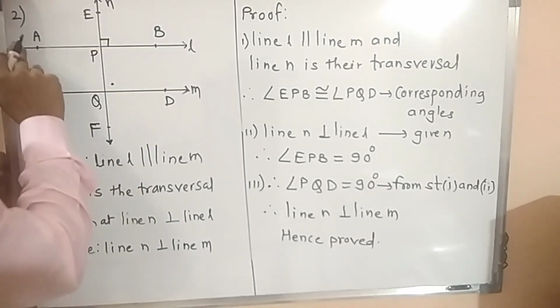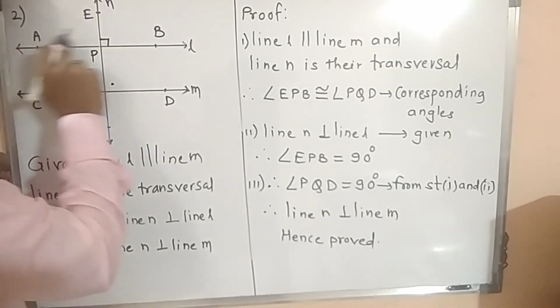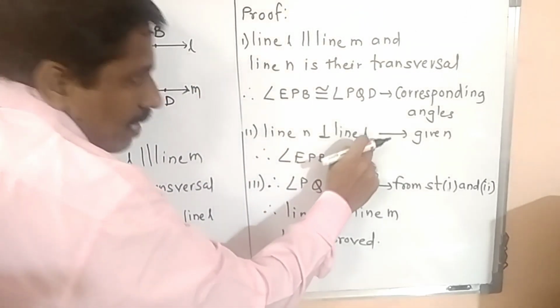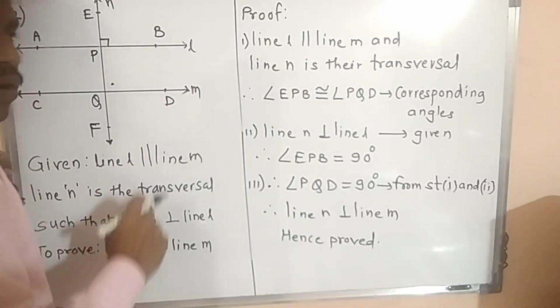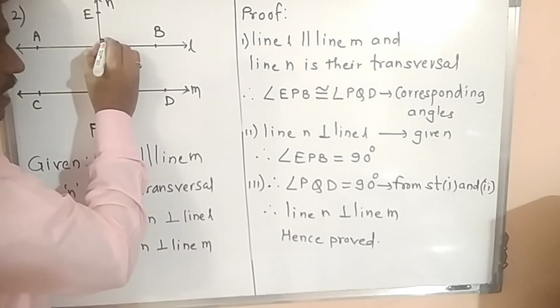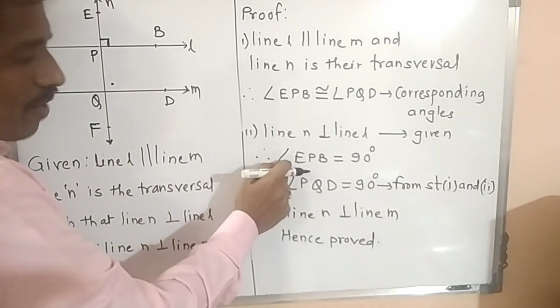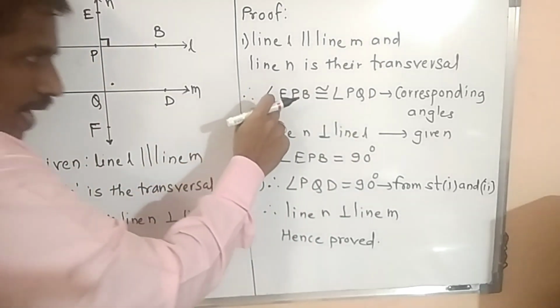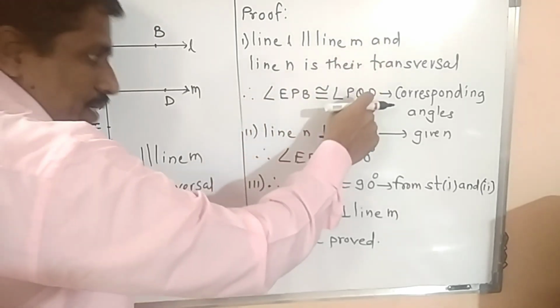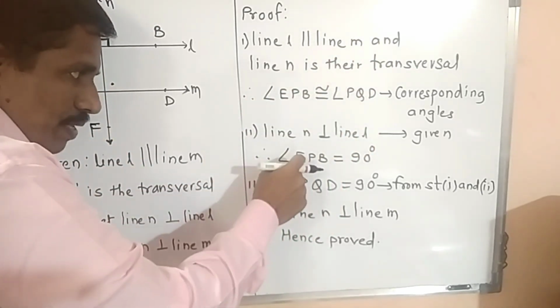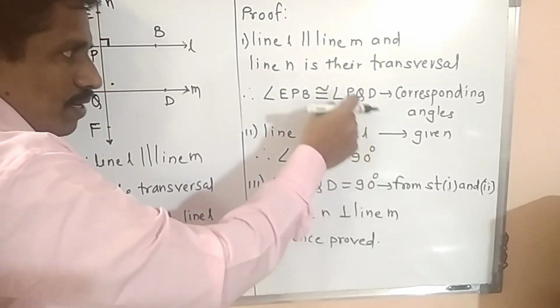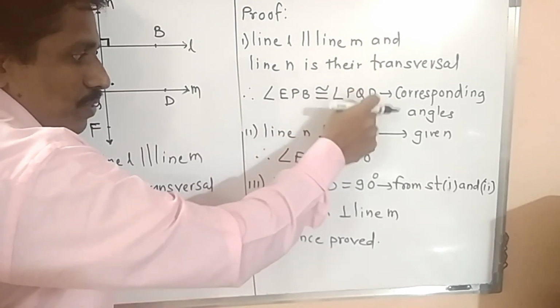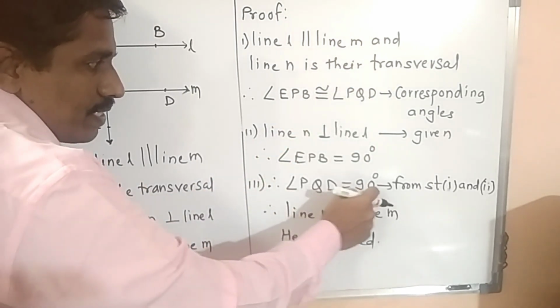But it is given that line N is perpendicular to line L. Since the line is perpendicular, this angle is 90 degrees. Therefore, angle EPB is equal to 90 degrees. Angle EPB is congruent to angle PQD and angle EPB is 90 degrees. So, what will I get? Angle PQD is equal to 90 degrees.